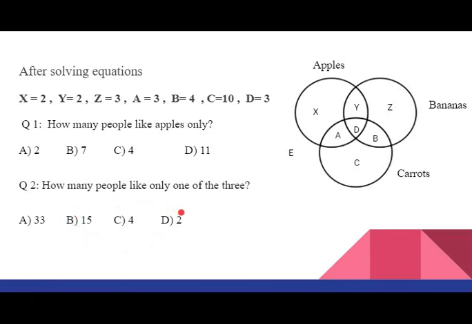You might wonder why E is represented in the outside region. Because in the question they ask for the number of people who don't like apple, banana, and carrot. So the region E, which is outside these regions, represents the number of people who don't like apple, banana and carrot.